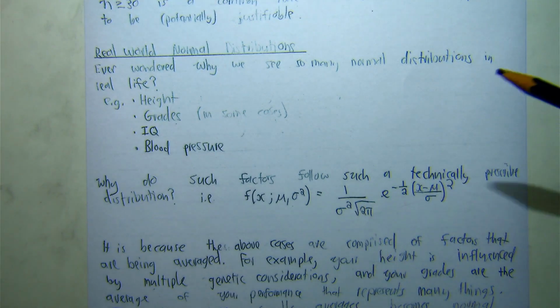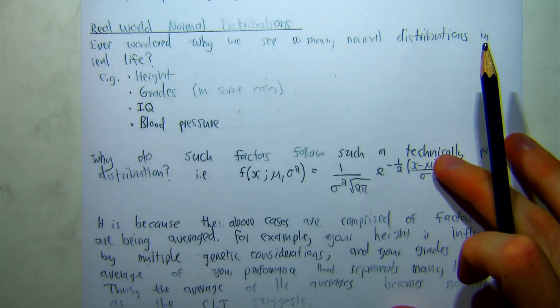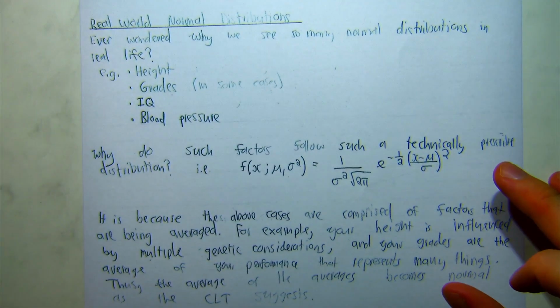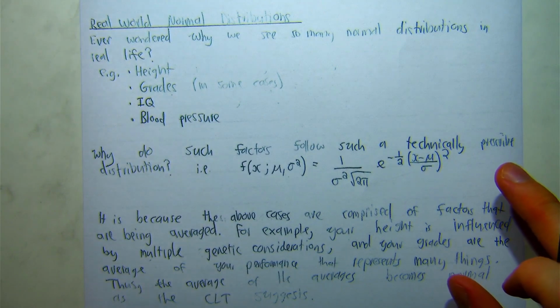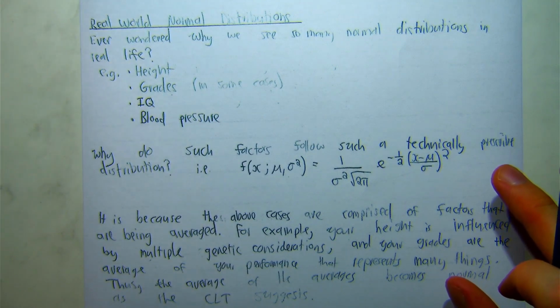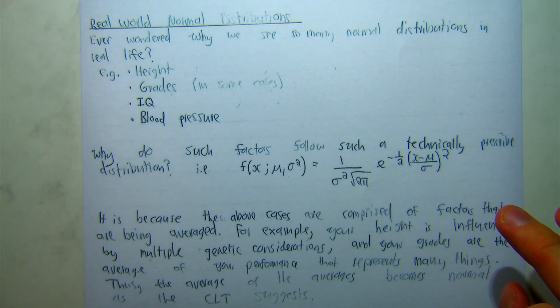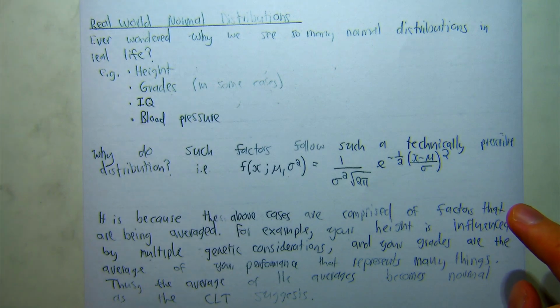And the answer is that in most of these cases, what determines your height or your grades or someone's IQ or their blood pressure are factors that are coming from the average of something. And the thing is, the underlying factor might not be normally distributed, but because it is an average, using the central limit theorem, it is creating a distribution of sample means.